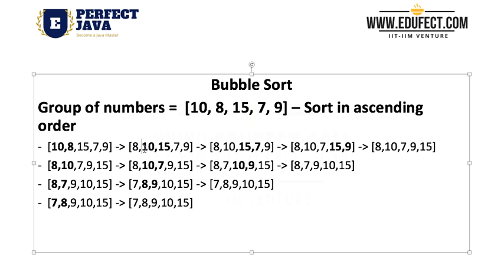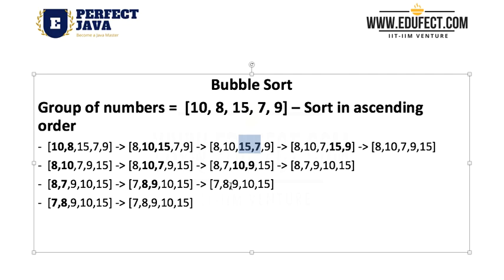Now we move to the next set, and the array will look like 8, 10, 15, 7, 9. We check the next pair of adjacent numbers. 10 and 15, are they in the right order? Yes, so we don't do anything. We move to the next, 15 and 7.